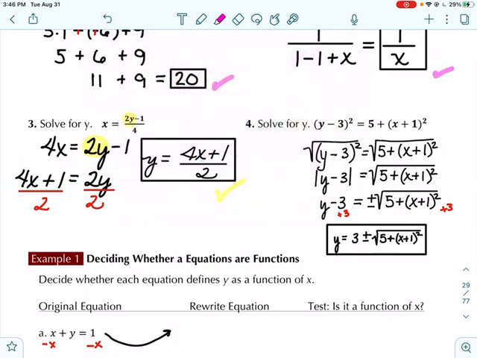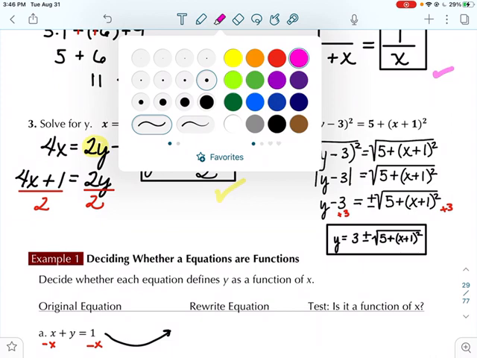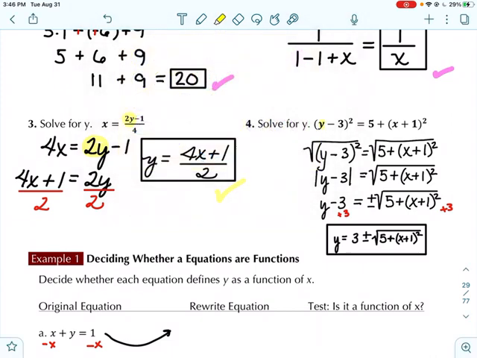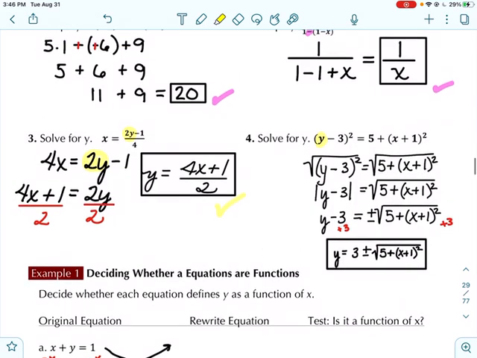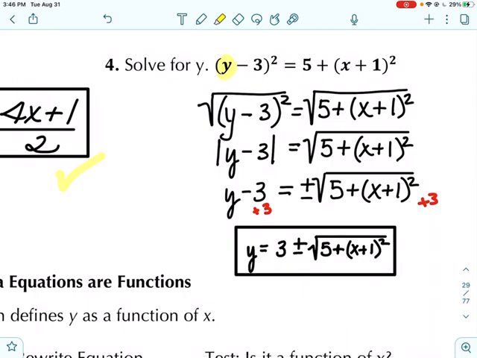For number 4, we're solving for y, noting that the y exists in a factored binomial squared. To get to the y, we take the square root of both sides. This is a convenient time to talk about the square root of something squared.